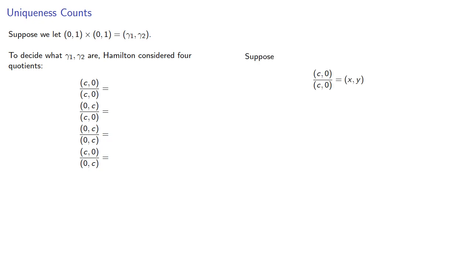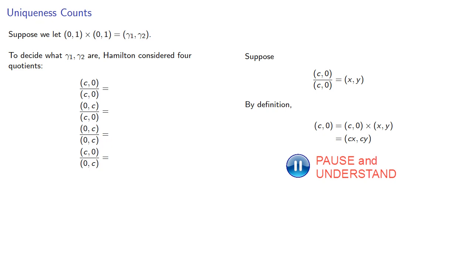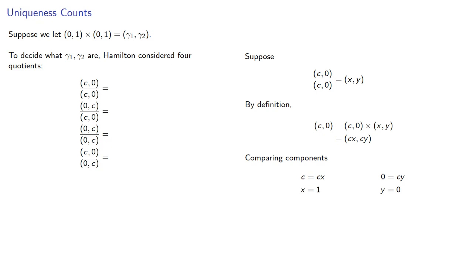So remember, by definition, this quotient corresponds to the product, and in this case that product will be (c, 0) times (x, y), and this is a scalar multiplication by c, so it's got to be (cx, cy). And if we compare our components, x has to be 1 and y has to be 0. And so this quotient has to be (1, 0).